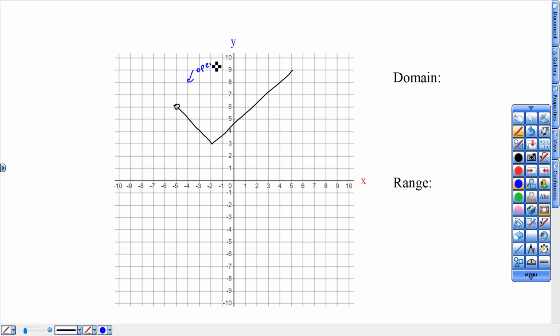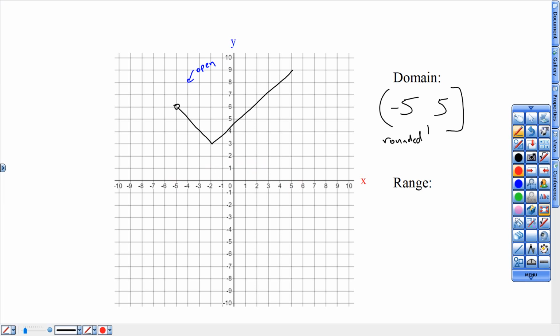So going from left to right, this is going from -5, but I don't do that square; it would be -5 rounded because that is an open circle, up to 5 on the x-axis, square. I got that from this number all the way over to this number right there. That's where I got -5 to 5.